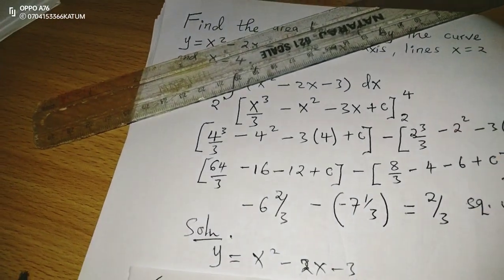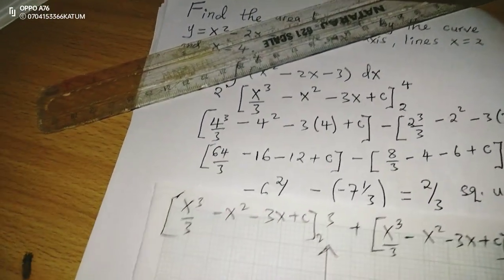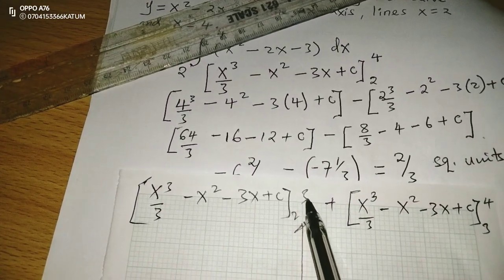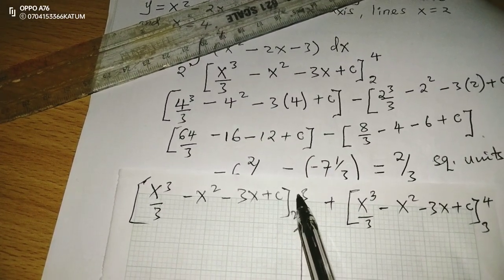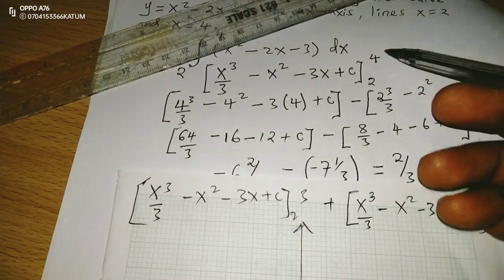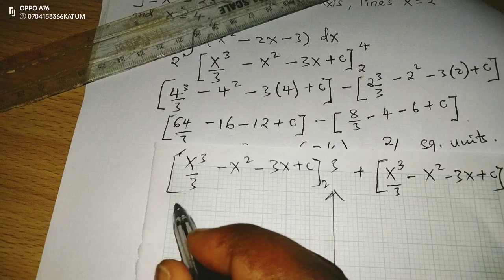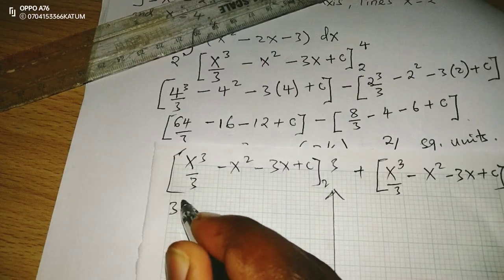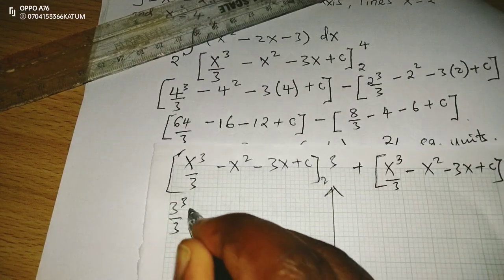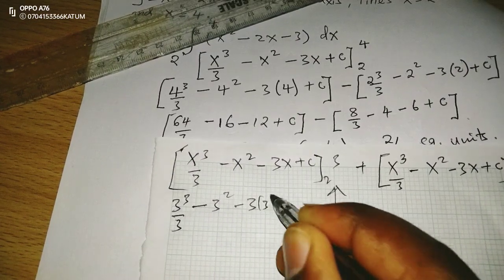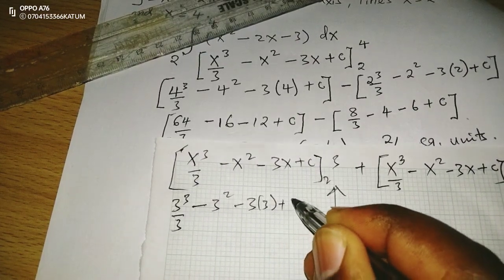According to what we had done initially here, this one has not yet been done when we substitute 3, because we had substituted 2 and 4. So when we substitute 3, what shall we get? We shall have 3 cubed over 3 minus 3 squared minus 3 into 3 plus a constant.